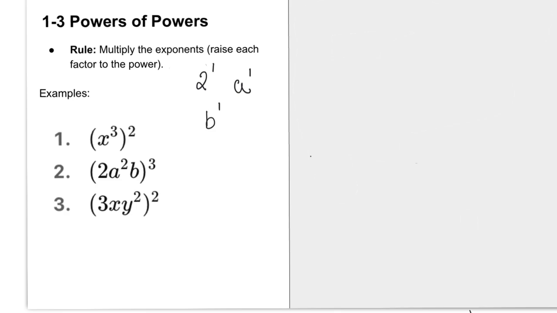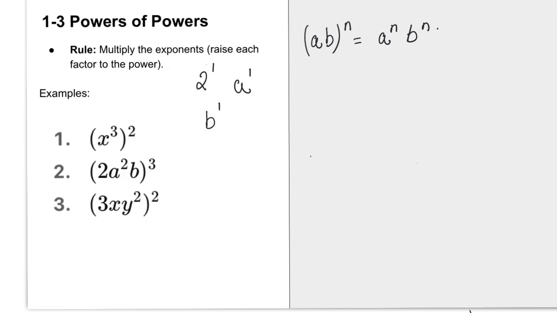Okay, the rule is multiply the exponents and raise each factor to the power. This means a and b raised to the nth power means that a is raised to the nth power, and then b is raised to the nth power as well.